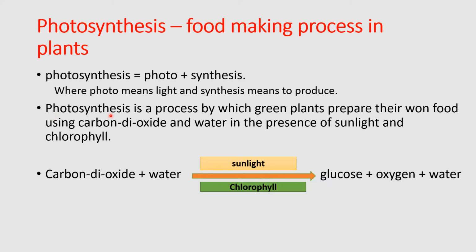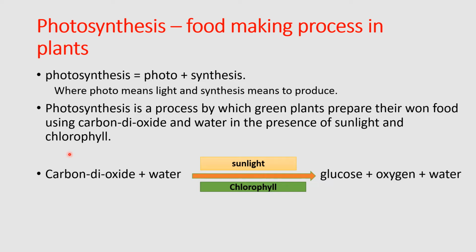So photosynthesis is a process by which green plants prepare their own food using carbon dioxide and water in the presence of sunlight and chlorophyll. It is a food making process by which a green plant prepares its own food by absorbing some simple substances present in the environment.